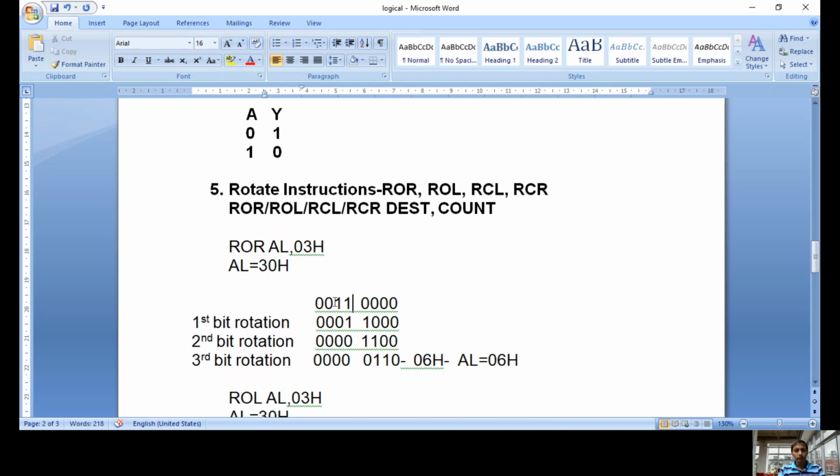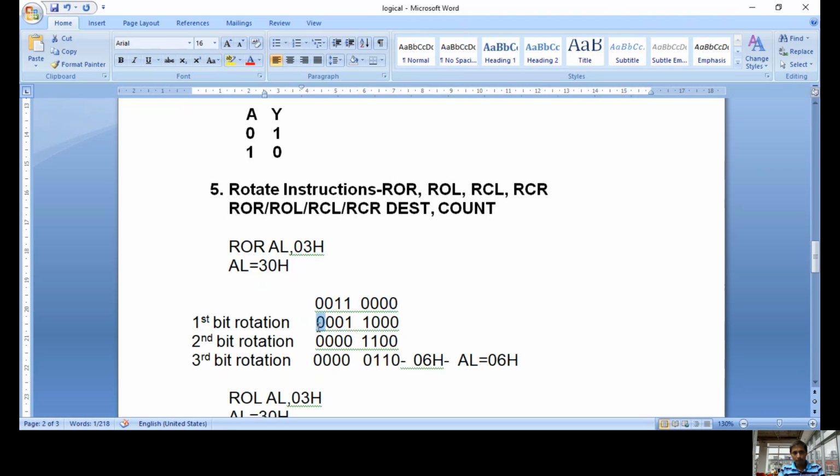Right side means it is rotating like this. First, which bit will go to the MSB side? This 0 bit will go to the MSB side. The MSB bit is already 0, so this bit will occupy that space and the remaining bits are adjusted accordingly.